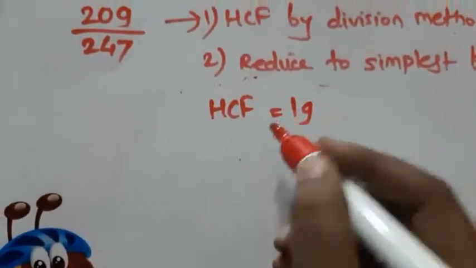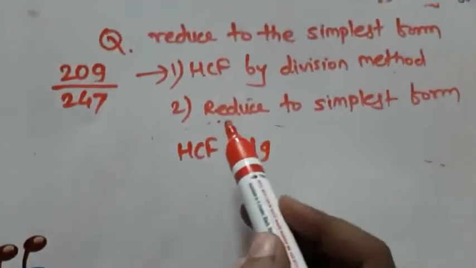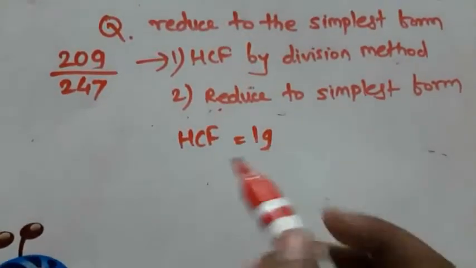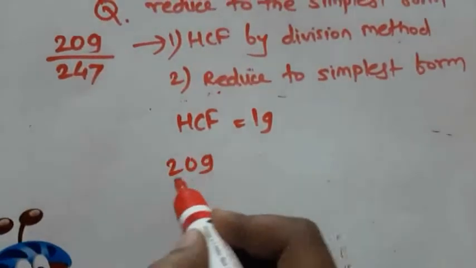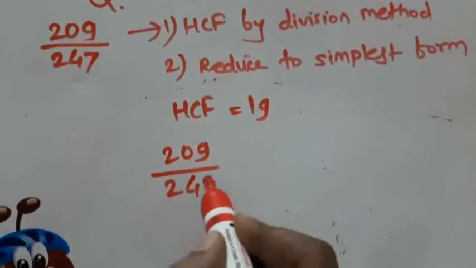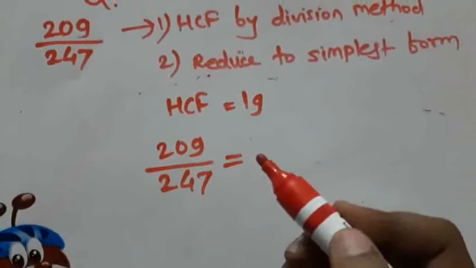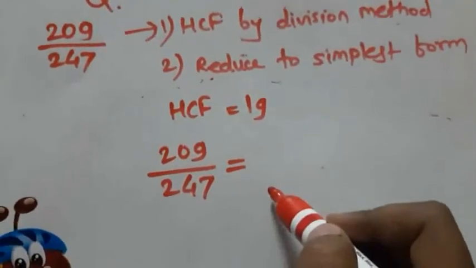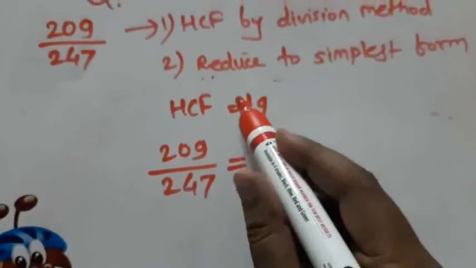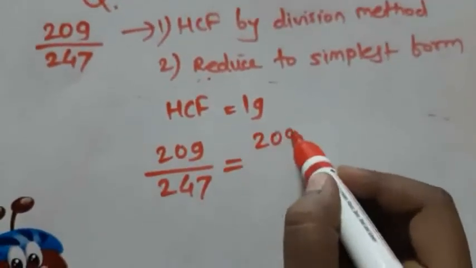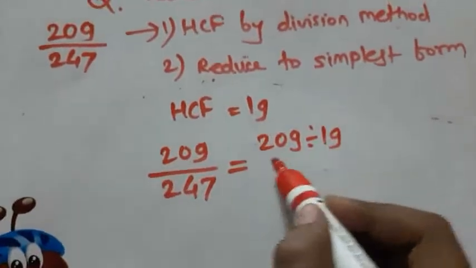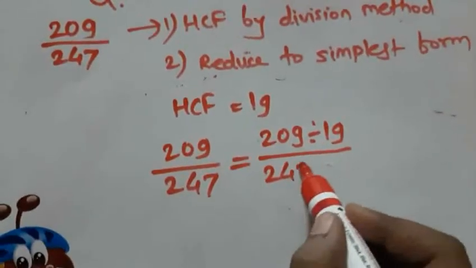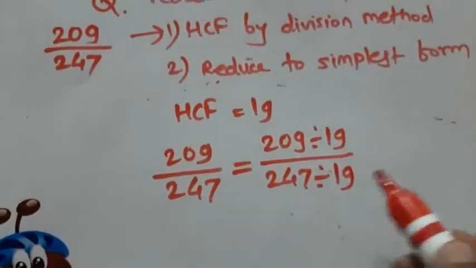Once we got the HCF as 19, we will see how to reduce it to simplest form. 209 divided by 247 will be equal to, the numerator and denominator we have to divide by 19. So 209 divided by 19 and 247 divided by 19.